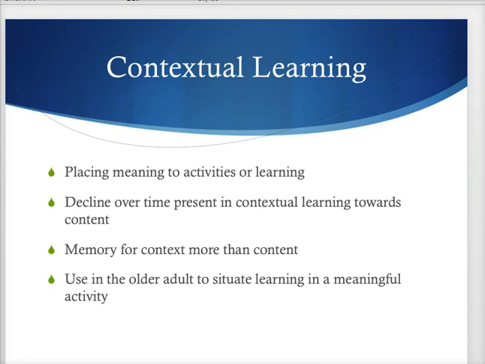This is placing meaning to the activities they're learning. It can decline towards content, but older adults tend to remember context over content. So one of the things is making sure that we situate our activities in the environment in which they're going to be used in order to make the activity meaningful and in order to increase retention.